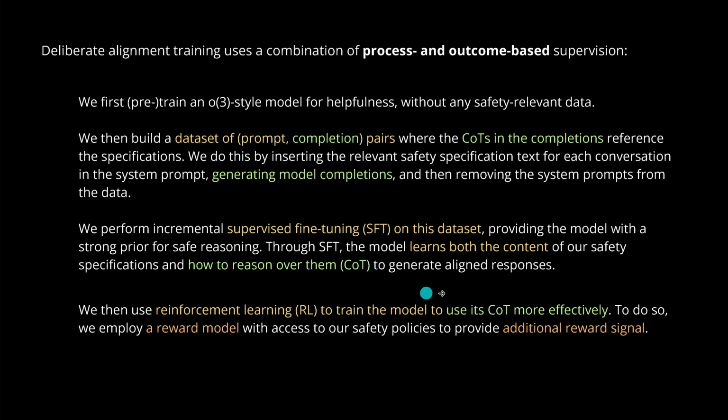So if you have a lot of data, you need a reward model as a judge. And this reward model chooses now the best answers, the best generated synthetic data that respects and implements the safety policies of OpenAI with this particular additional reward signal.